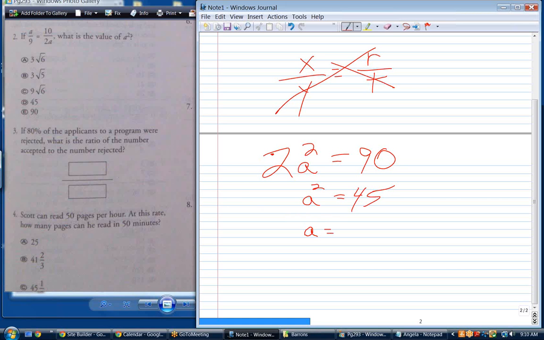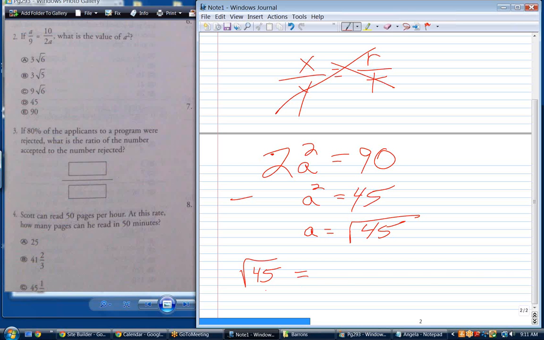Got to take the square root of both sides. So a is equal to the square root of 45. And that can be simplified. Let's talk about simplifying square root radicals. How do we simplify the square root of 45?